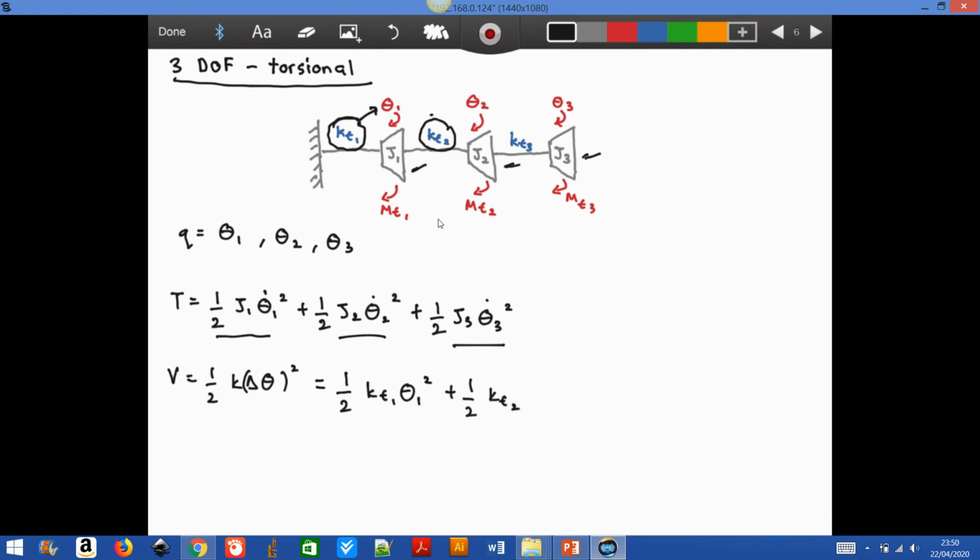You know that KT2 reacts with theta 1 and also theta 2. Because it's a delta, it is theta 2 minus theta 1 squared. And the third one, KT3, will react with theta 2 and also theta 3, therefore half KT3 (theta 3 minus theta 2) squared.